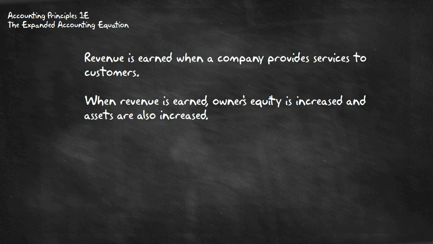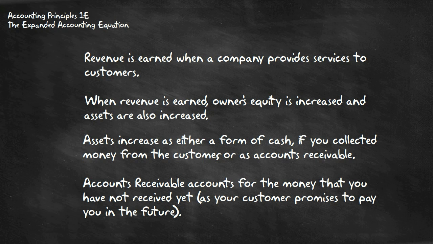Let's define what these are. A company earns revenue when it provides services to its customers. When revenue is earned, owner's equity is increased. Thus, revenue is a subset of owner's equity. When revenue is performed, assets are also increased. Assets can increase as either a form of cash if you collect the money from the customer, or a form of accounts receivable.